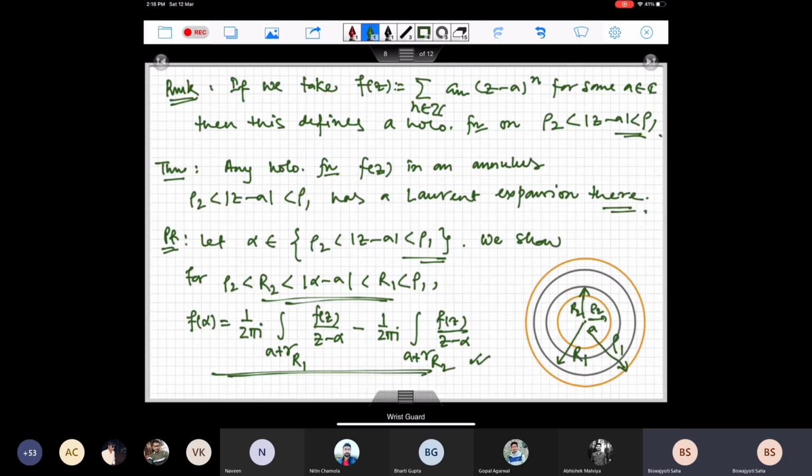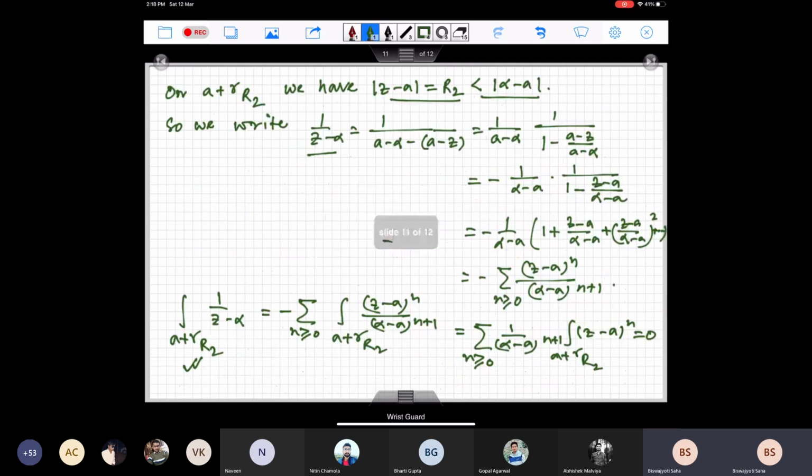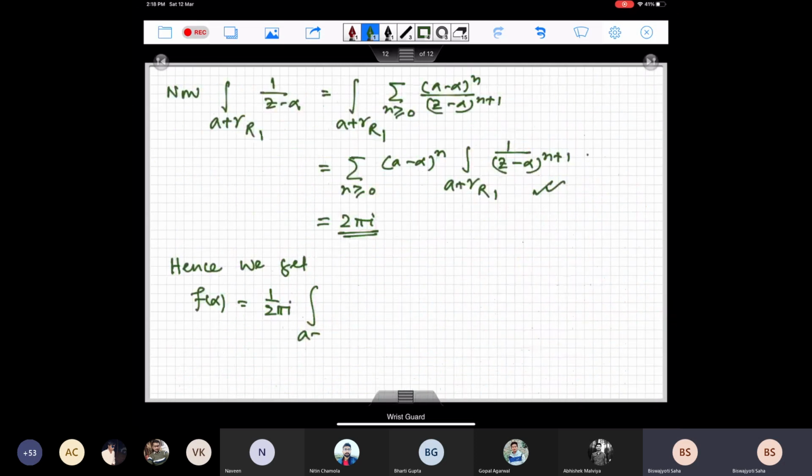Okay, so this is the formula which I had. Fine, so let us write it down: 1 over 2 pi I integral over a plus gamma r1 of f of z divided by z minus alpha, minus 1 over 2 pi I integral over a plus gamma r2 of f of z divided by z minus alpha. Okay, so is it clear, this analog of the Cauchy integral formula in this case?